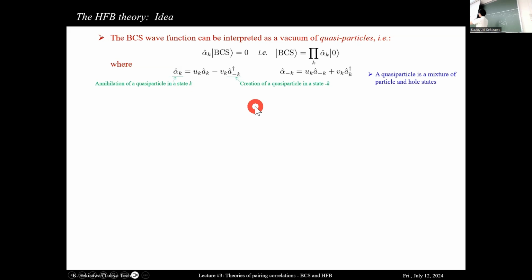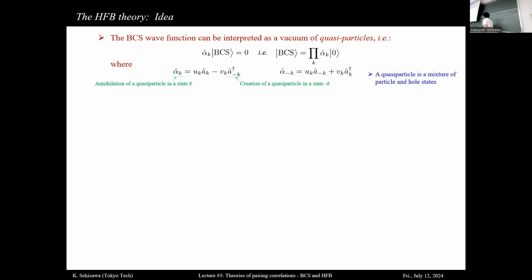I am speaking of the particle-hole correspondence.